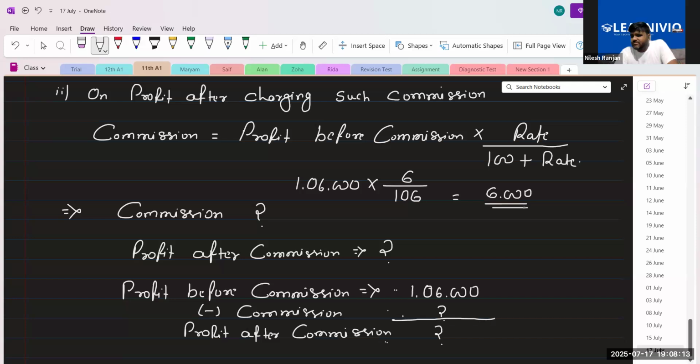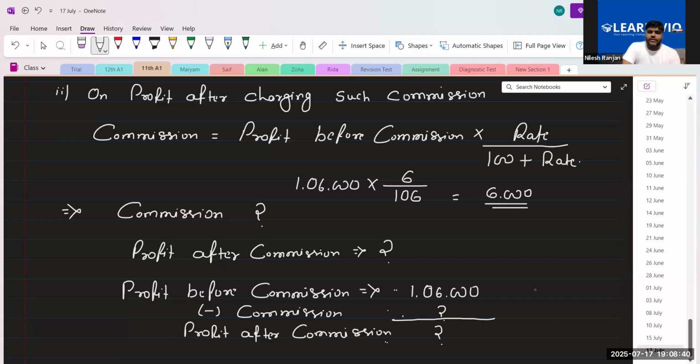Is this clear? Yes. Or should I use another method? Because if you understand one method, then it is better to stick to that. But if you have confusion, because this is a little bit confusing part, commission, then I will teach you the second method. Don't hesitate in asking questions.